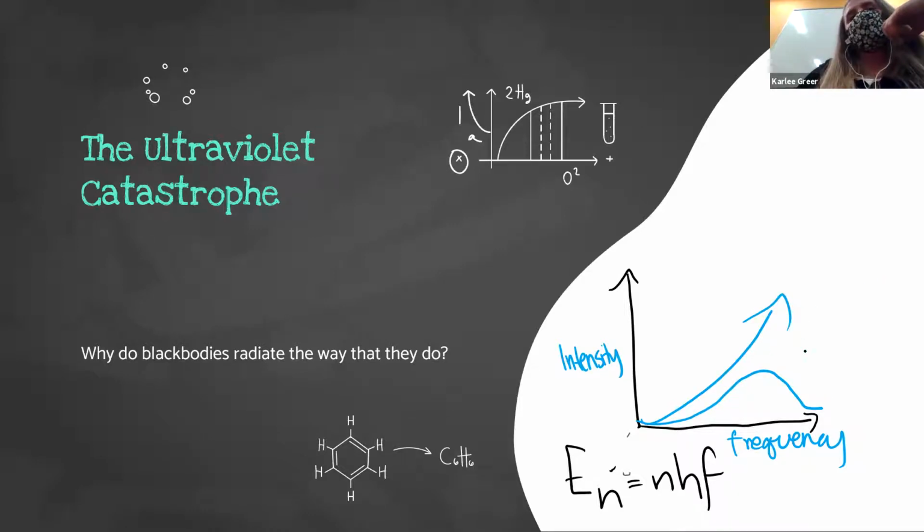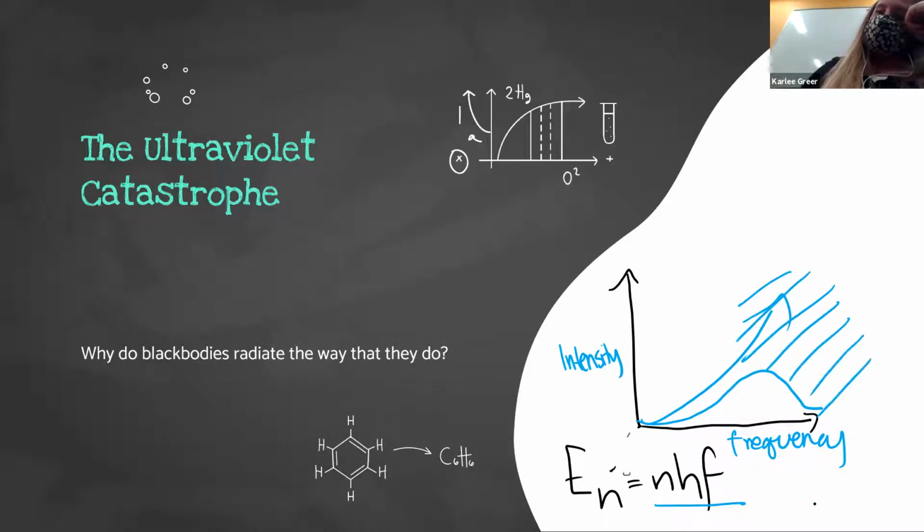Basically what they found out was when Planck came along, and he set up this equation right here, he said, okay, well, this isn't happening, right? Because at these higher levels of energy, the particles don't have enough energy to emit anything that high. So that's why they reach this peak and then start to come back down.